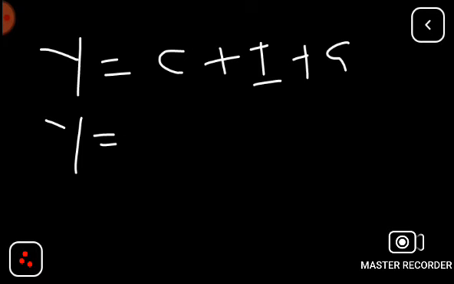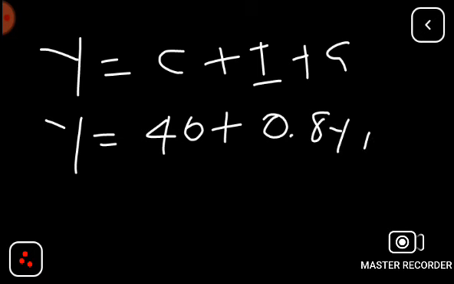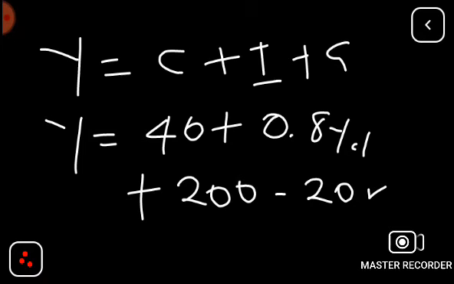We're saying y is equal to our C, which is 40 plus 0.8yd, plus our investment, 200 minus 20r, plus 400 as our government expenditure.